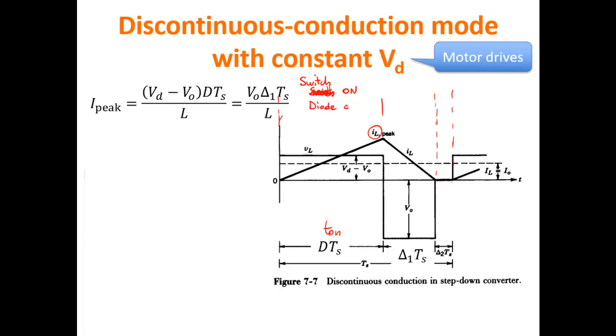Then we have another period during which the switch is off and the diode is on. And then there's a third period during which the switch is off, but also the diode is off.